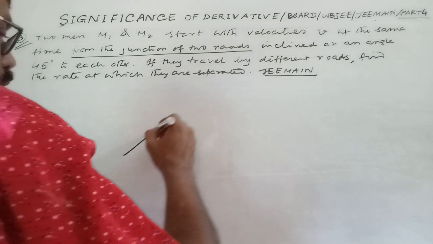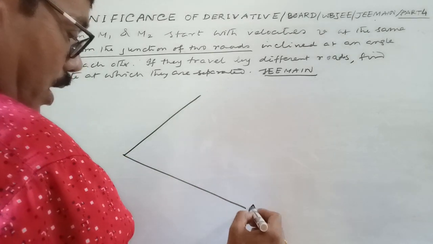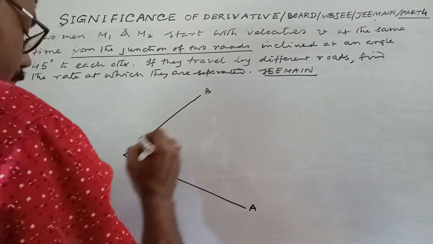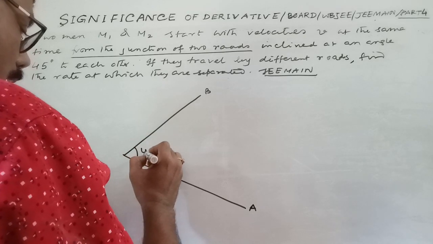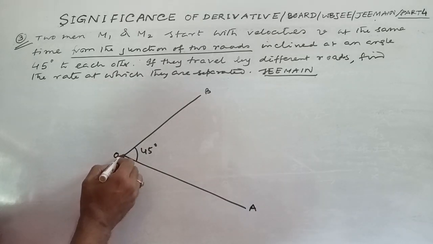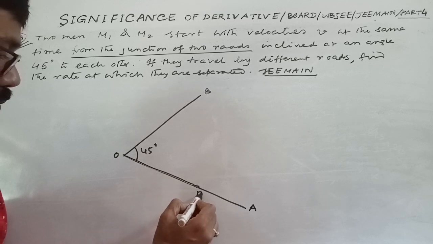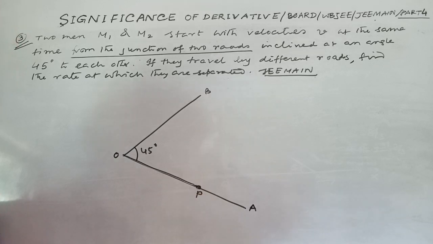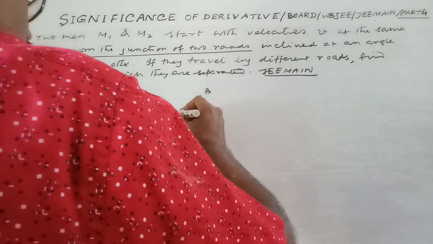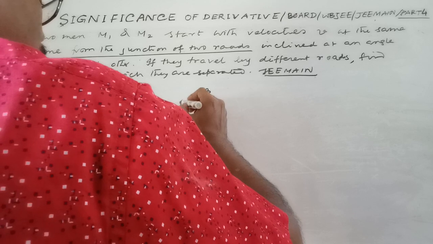Now there are two roads, OA and OB. They are inclined at an angle 45 degree. After time t, suppose P is the position of M1 and Q is the position of M2.